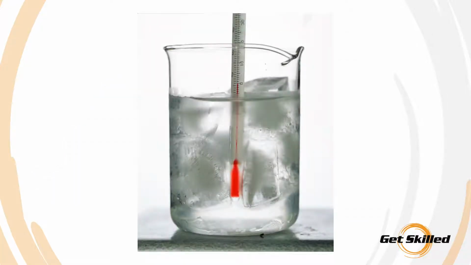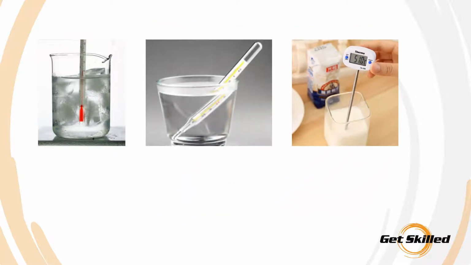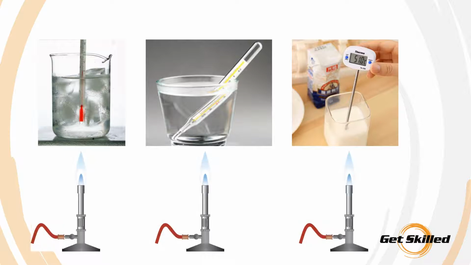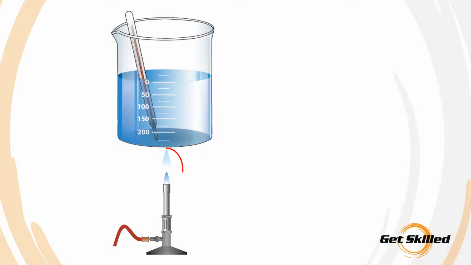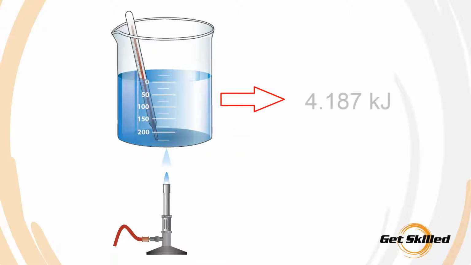The specific heat required to cause a temperature change in substances varies with the type and amount of substance. Different substances require different amounts of heat per unit mass to affect these changes of temperature above and below freezing points. The amount of heat required to raise the temperature of 1 kilogram of water by 1 Kelvin is equal to 4.187 kilojoules.